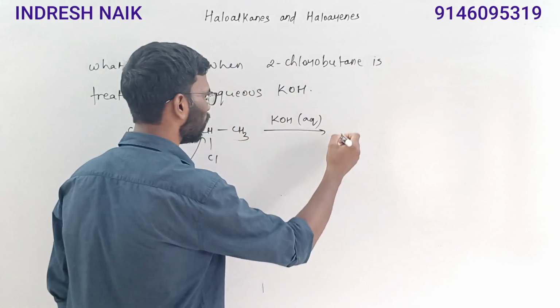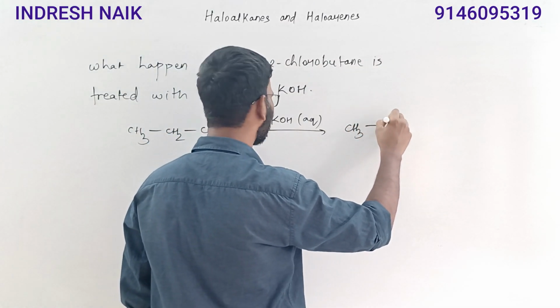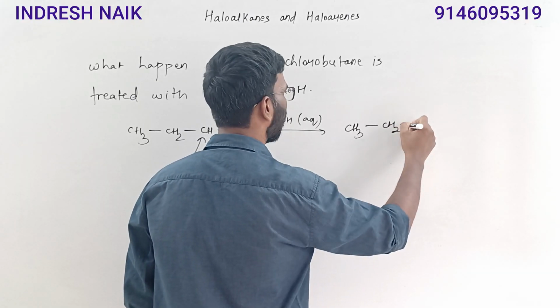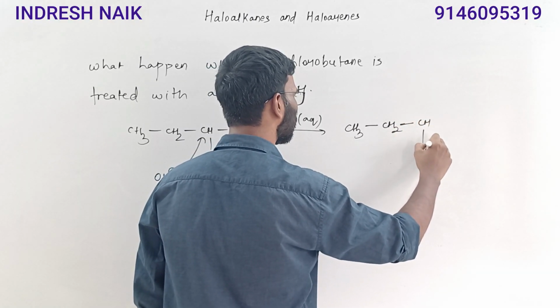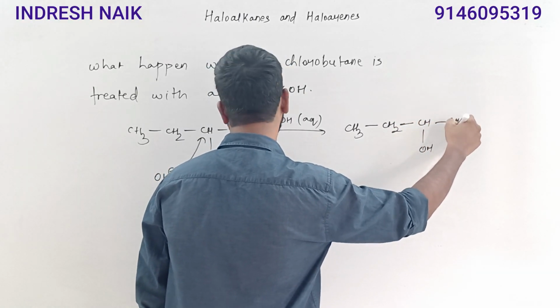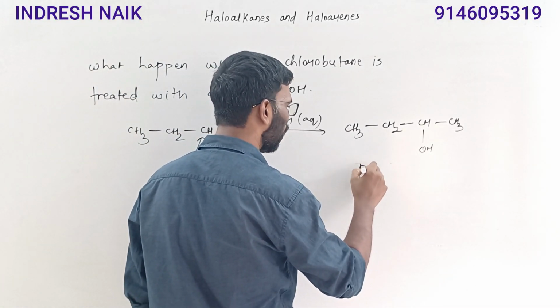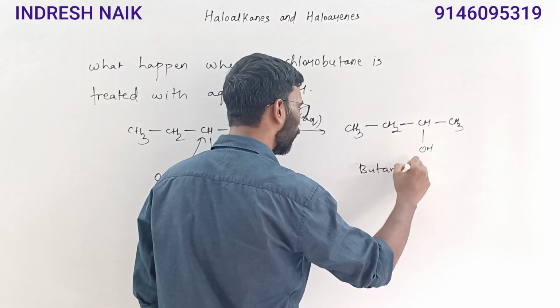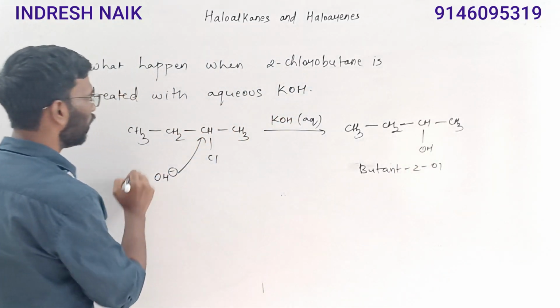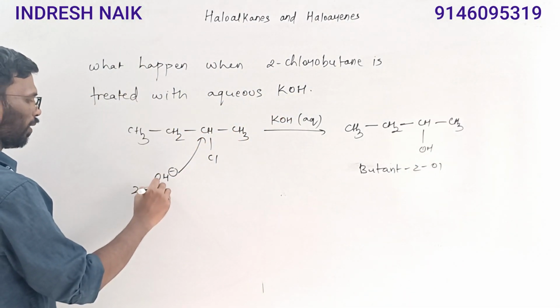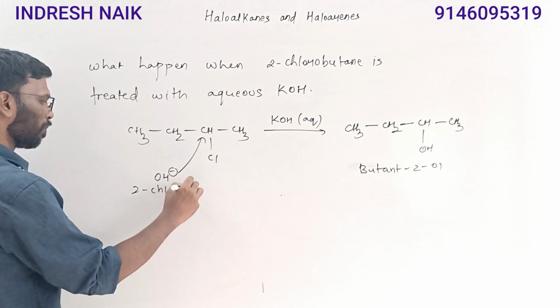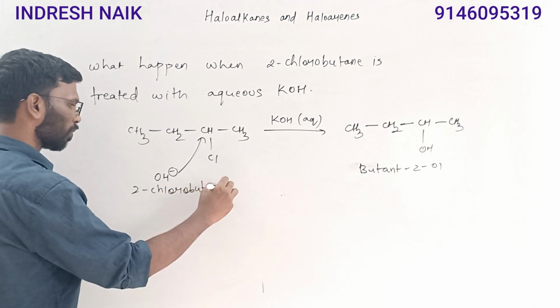So you are going to get an alcohol, that is butan-2-ol, from 2-chlorobutane.